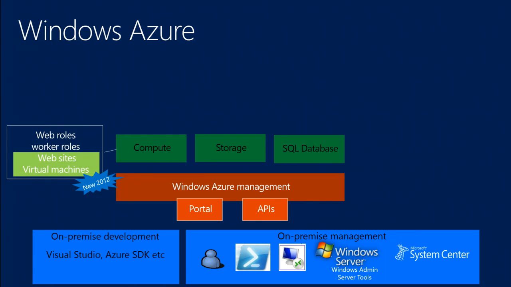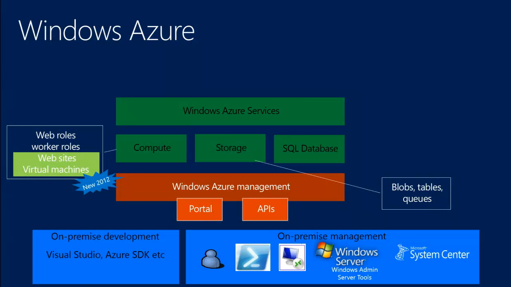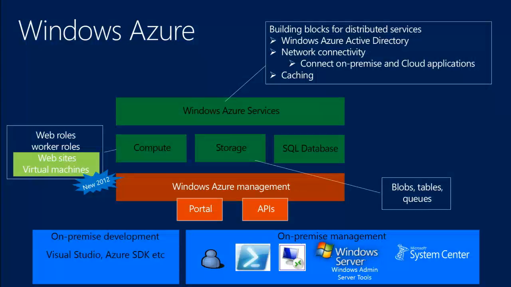And that's where we're going to put our AD, if we put our AD into Azure. There's blobs, tables, and queues in terms of storage. Blobs are just binary large objects, and that's where we put our VHDs, our virtual hard disks. That's where we put our data disks when we're running up in Azure. And then there's a whole bunch of Azure services, one of those services being Windows Azure Active Directory.